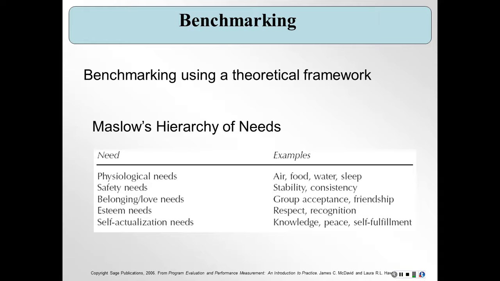But typically, a lot of programs will sort of turn this on its head, and look at things, for example, like group acceptance and respect and knowledge as means to another more direct and measurable end, typically defined in terms of physiological needs or safety needs. So that's a case where the theory or this hierarchy kind of gets turned on its head.